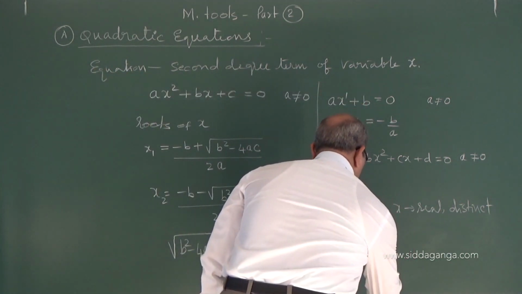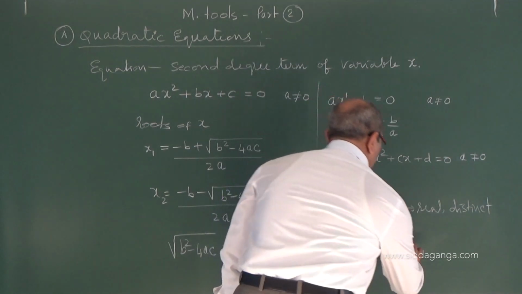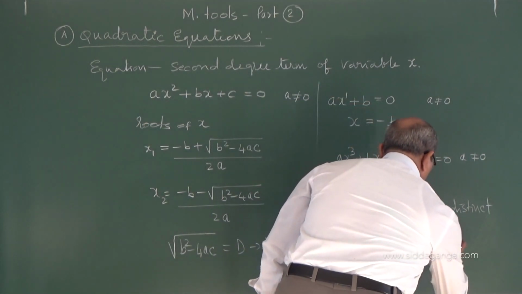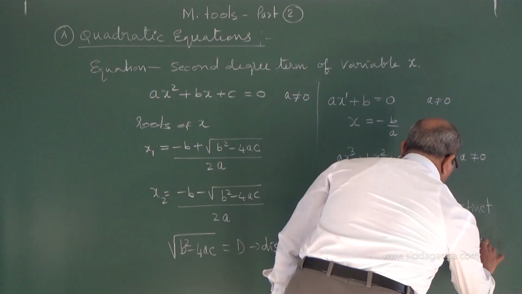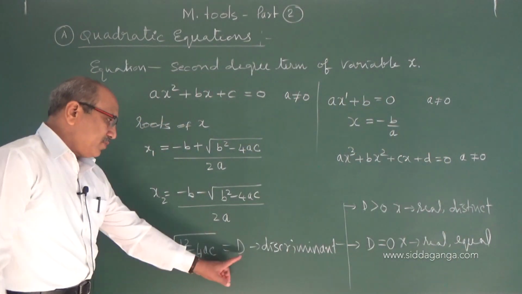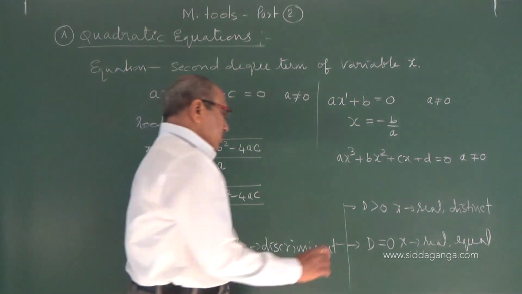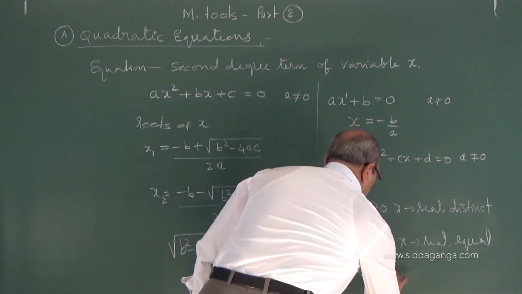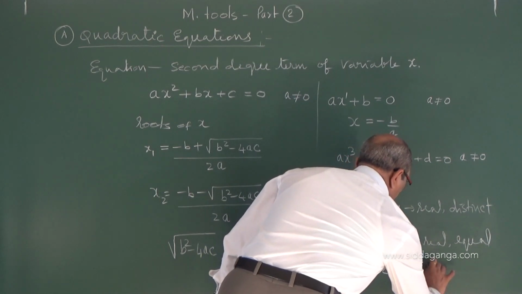Or d can be 0, in which case x is still a real number with equal values: real and equal when d is 0. Suppose d is less than 0, then x is not real.